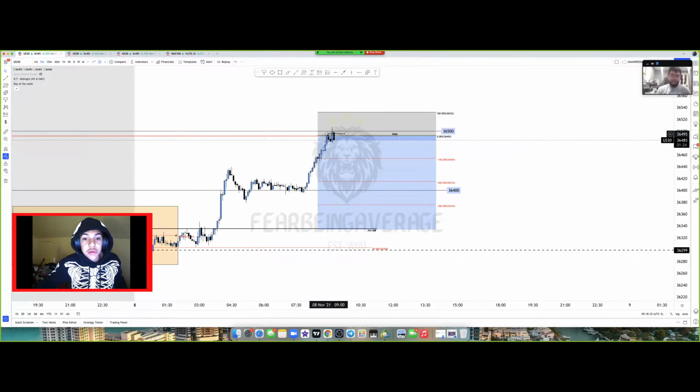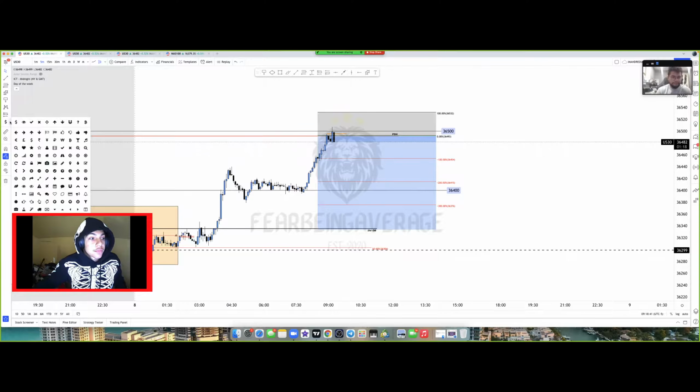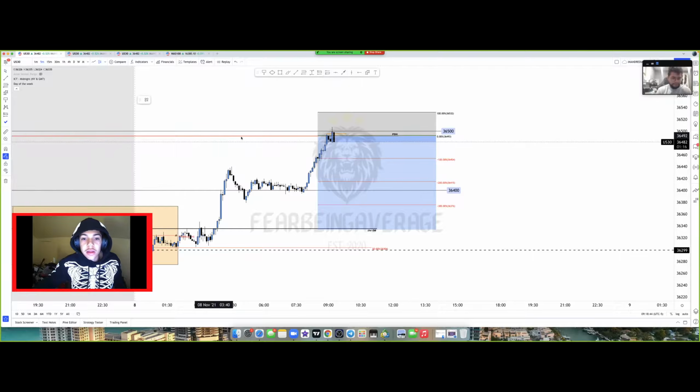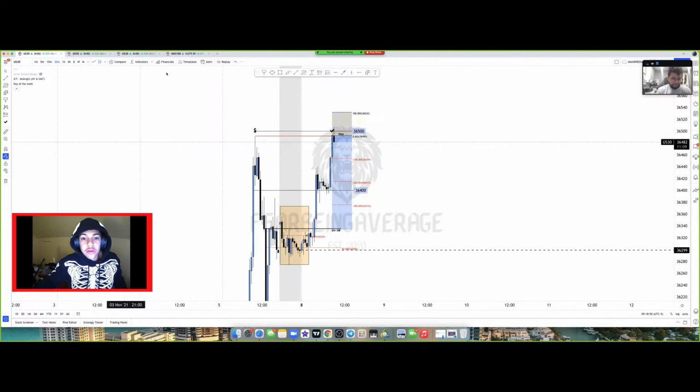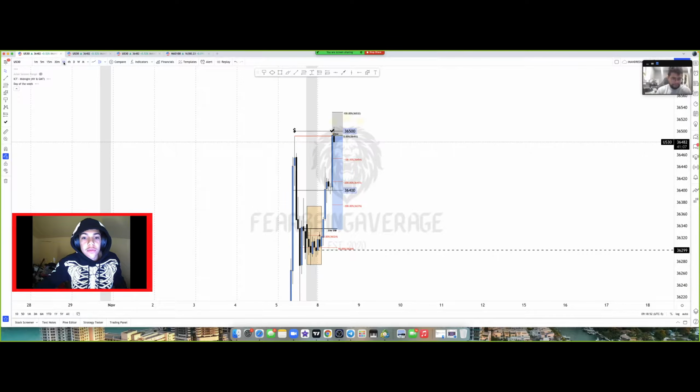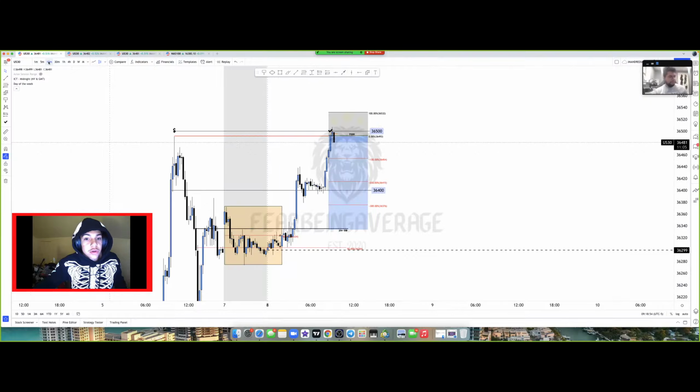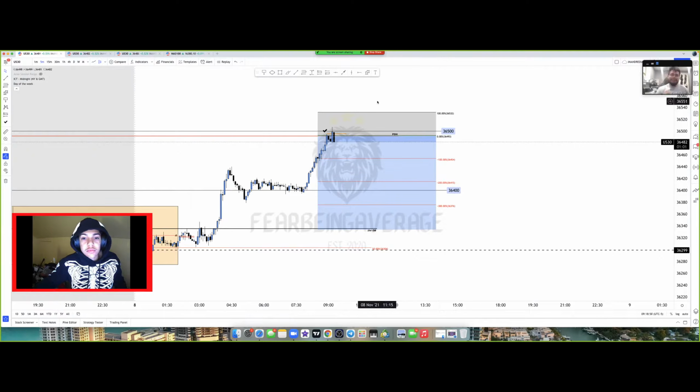So ideally, we'd be looking for price to continue engulfing and have this reversal scenario that I was talking about earlier. Now that we're about to engulf this candle, if you look at it on the 15-minute, we should be good. If you look at it on the 30-minute, the 1 hour is where everything's going to slowly start to play out. So let's see what happens.